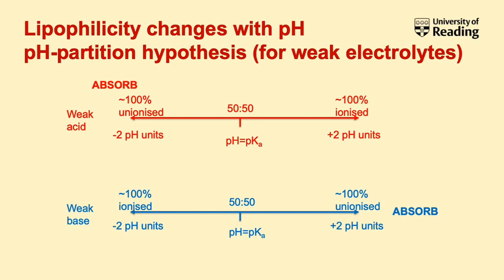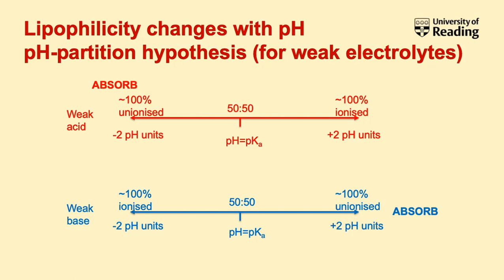If we go to higher pH, we will then increase the amount of the unionized material in solution, and if we go to lower pH, we'll increase the amount of ionized weak base in our solution. So at the higher pH, you can see that will improve our absorption across the membrane as long as we still have good enough solubility, because we will have more of the unionized form, which is less water soluble, but more lipophilic, so more lipid soluble.